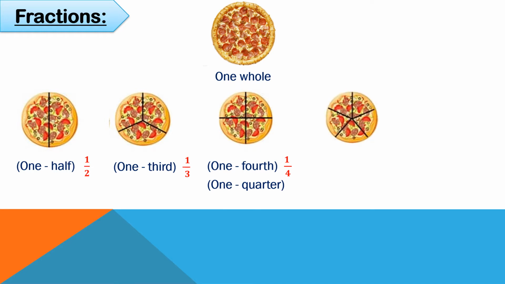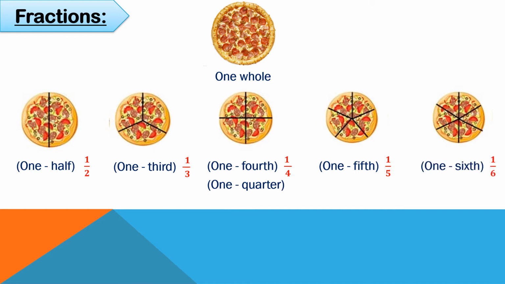If I have 5 kids and I want to distribute my whole pizza between 5 kids equally, each one will take 1/5, and it can be written like this, 1/5. If they are 6 kids, each one will take 1/6, written like this, 1/6.